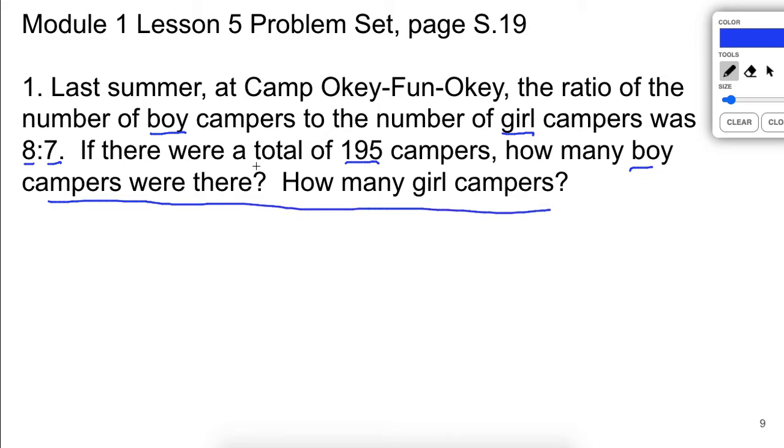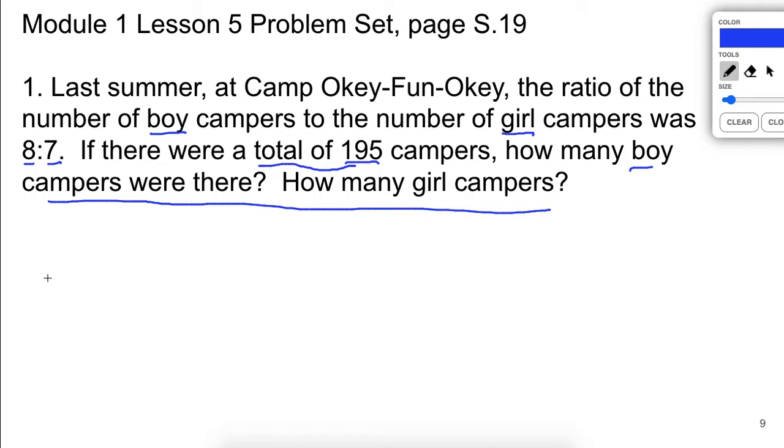So let's go ahead, and we've talked about this before, but the key is on one of these, when they give us a total, we need to set up a ratio or use the tape diagrams to figure out a total of this. But if we just start our ratio here, we need a total of our ratio too. So we can just add 8 and 7, which gives us 15.